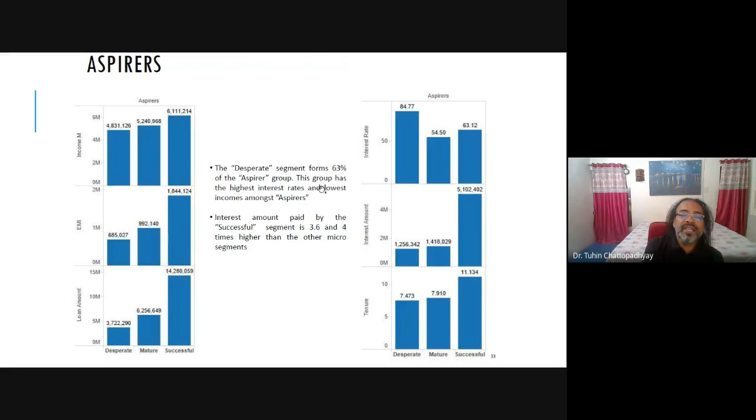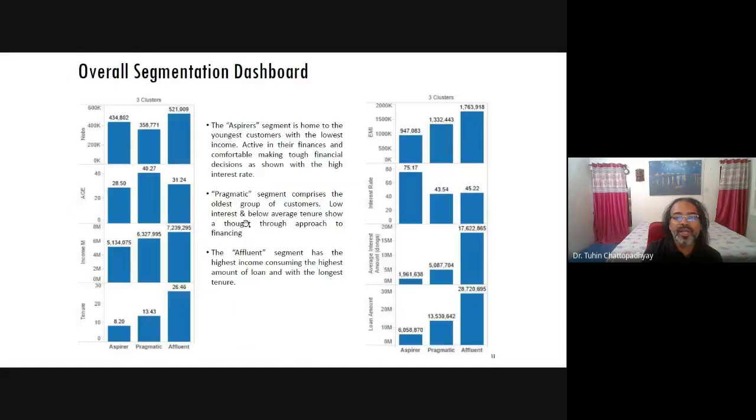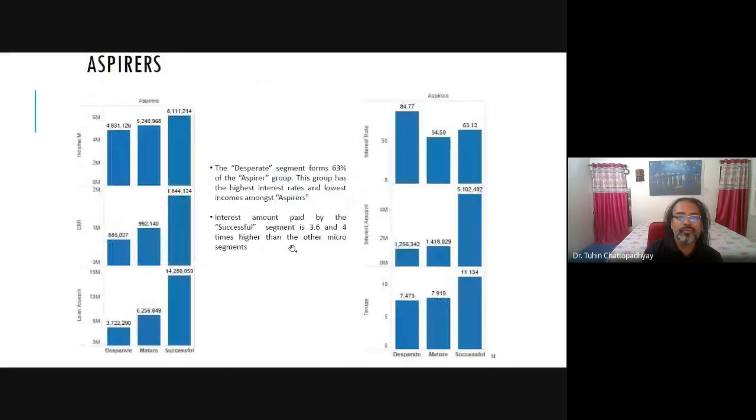Now this group has the highest interest rate and lowest incomes among the aspirers. So within that also we broke it down. Aspirers, if you remember, have an interest rate of 75.17. Now, when I break the aspirers down, I get 3 clear clusters.